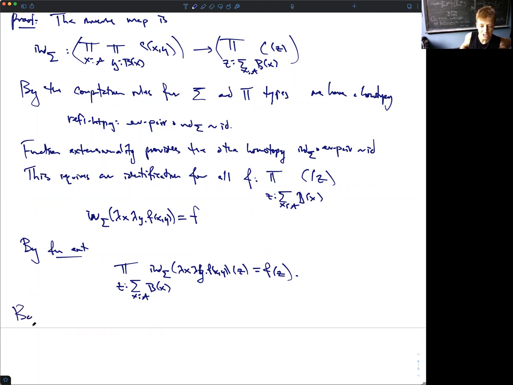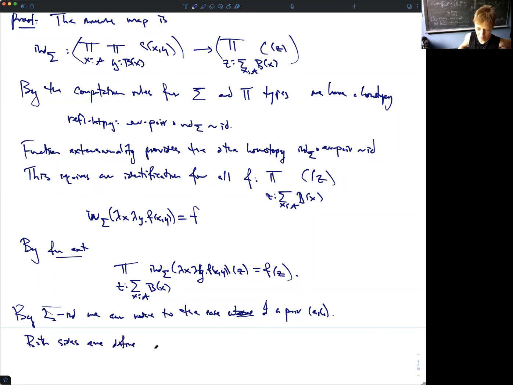And now by sigma induction, I can reduce to the case where z is a pair, the case of a pair a, b in the sigma type. And in that case, both sides are definitionally equal to just f of a, b.